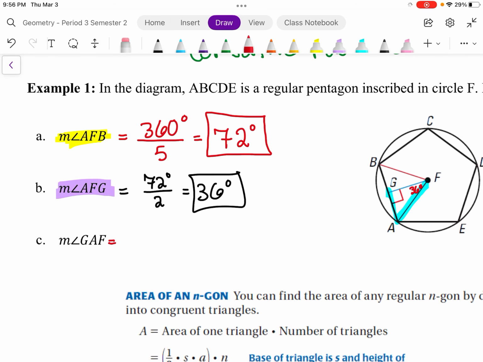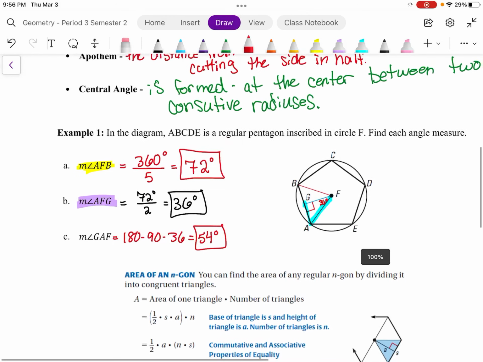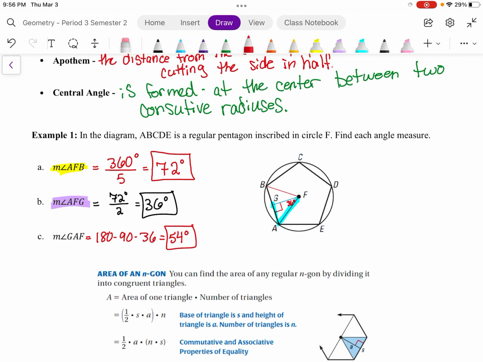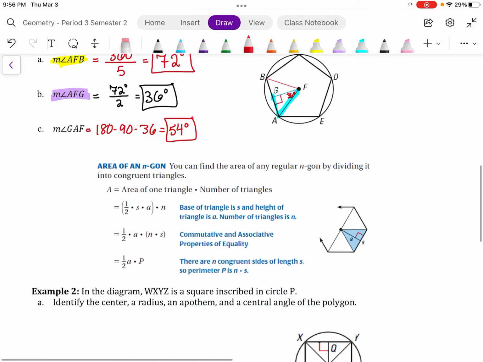So we're just going to take 180, subtract 90, and then subtract 36. And when you do that, you're going to end up with 54 degrees for our final angle. So that's how you can find the measurement of all these different angles inside of a regular polygon.